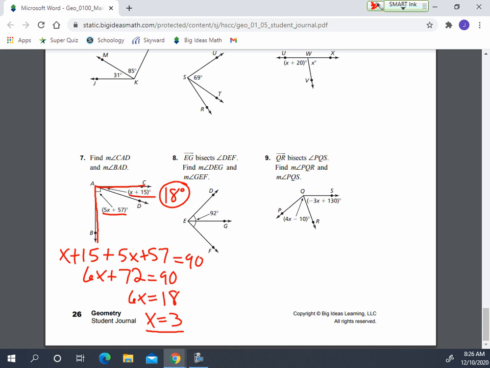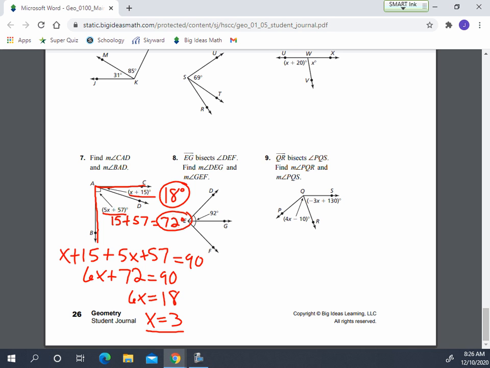And then BAD is 5 times 3, which is 15, plus 57, which is equal to 72 degrees. Make sure we answer the entire question.